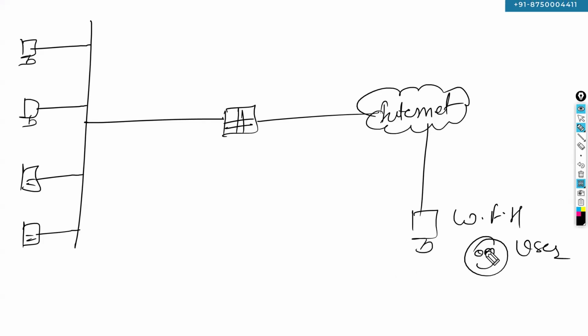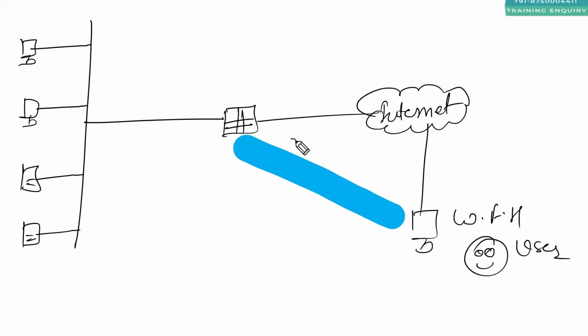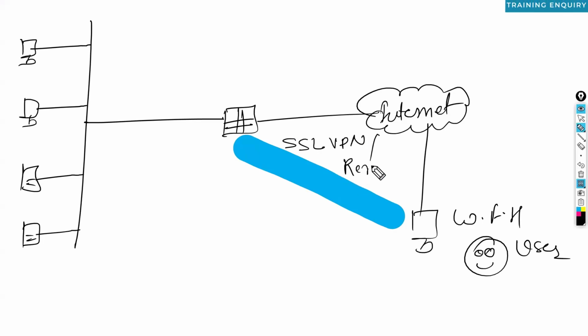Now we want this remote user to be able to access our internal resources. For that, we will deploy SSL VPN, which is also called remote access VPN.